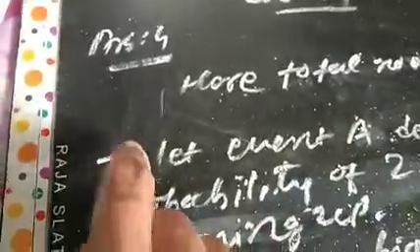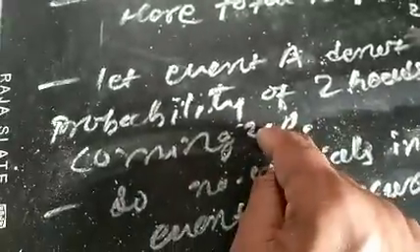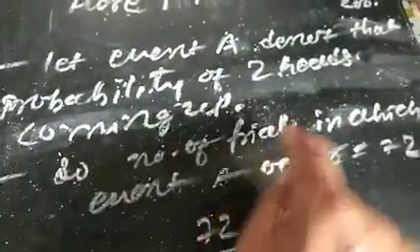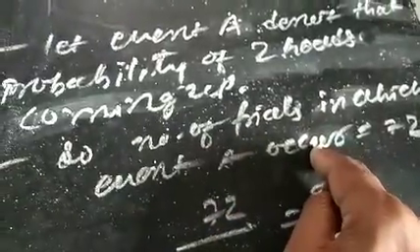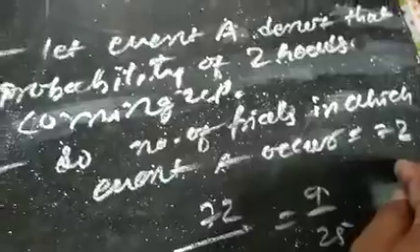So answer 4. Here the total number of trials is 200, and we are asking the probability of 2 heads. So let event A denote 2 heads coming up. That is our event A. The number of trials in which event A occurs, 2 heads, is 72, as given in this textbook.